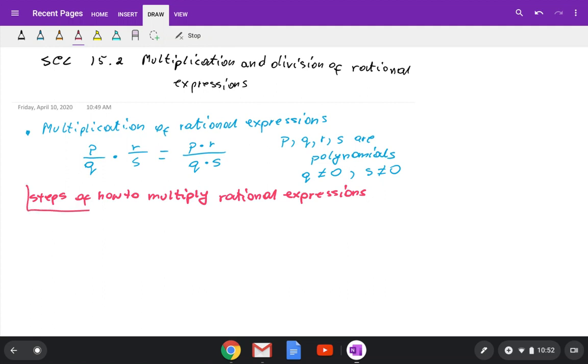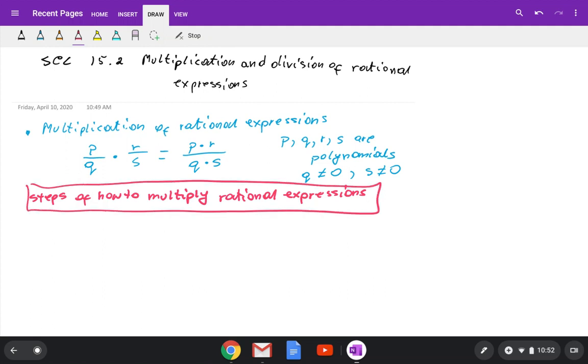So first, step 1, you will need to factor both numerator and denominator.